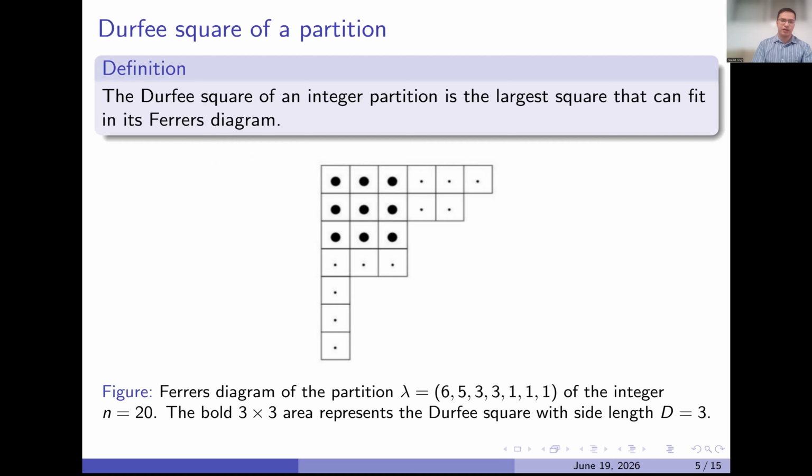Each row of the diagram corresponds to one part in the partition. For example, the first row corresponds to 6, the second to 5, the third to 3, etc. And the bold area is the Durfee square of the partition. So you can see that in this case, the side length of the Durfee square of the partition is equal to 3.